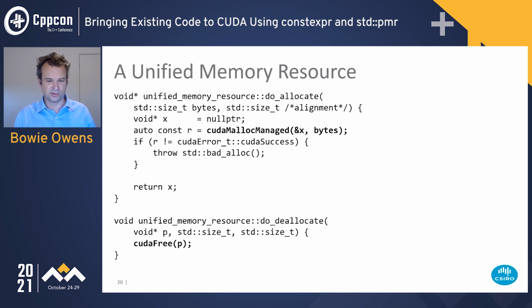It's relatively straightforward. We just delegate allocate to CUDA malloc managed and CUDA free to do the deallocation. There's a couple of simplifications that I've made here. First, I've assumed that the memory is suitably aligned, so I'm ignoring the alignment parameter on the allocation.